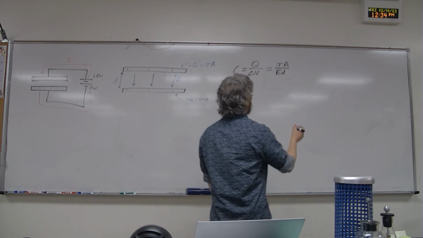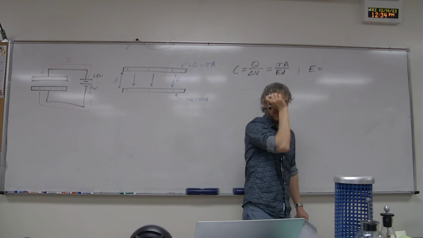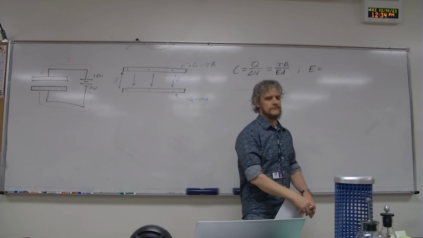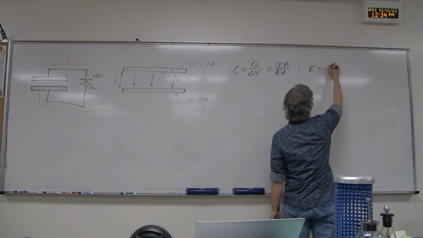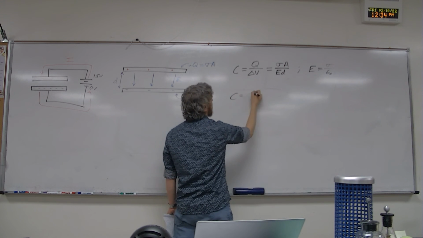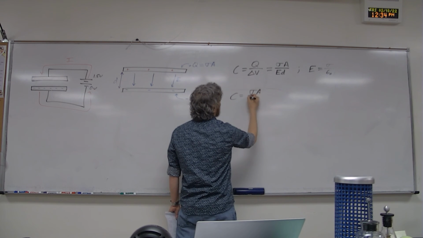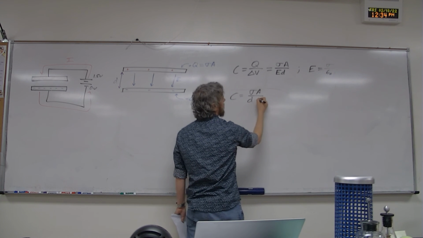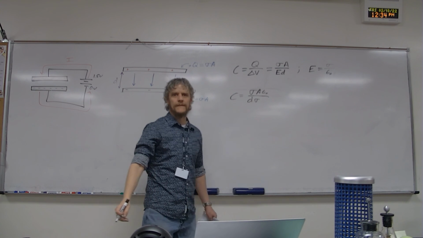And we also know that the electric field is what in a capacitor? Sigma over epsilon naught. So that means I'm going to have sigma times the area over D, and then times this guy but flipped, epsilon naught over sigma.